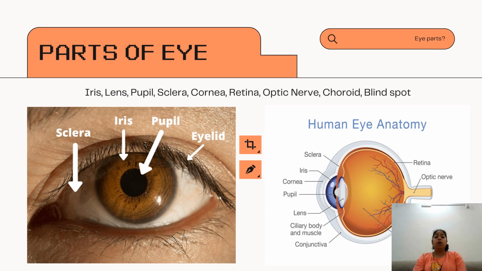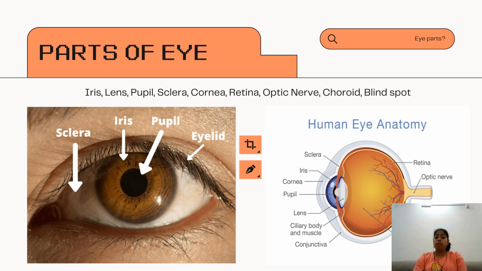Cornea. The cornea helps your eyes to focus light so that you can see clearly. Retina. The retina is a layer of photoreceptor cells within the eye. It changes the received signal into an electrical signal that your brain interprets as an image. Optic nerve. It relays the message from your eyes to your brain, creating the visual image.